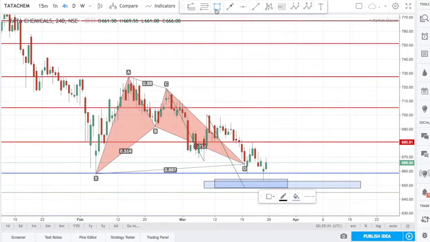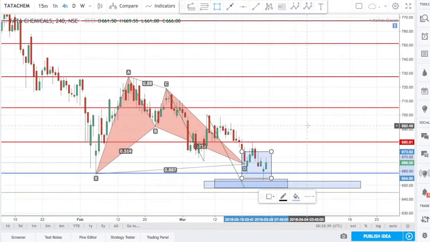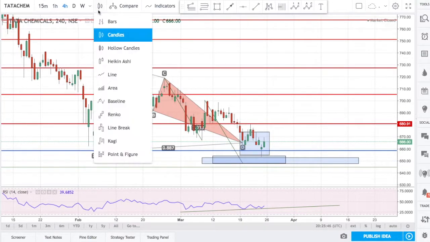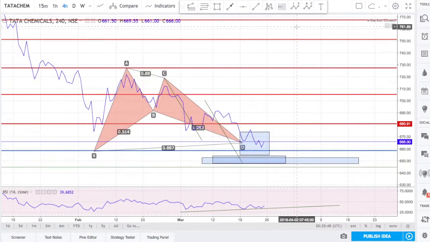Next is RSI divergence. For our RSI divergence, I want you to focus on this zone here. Let me drop down to a line chart.